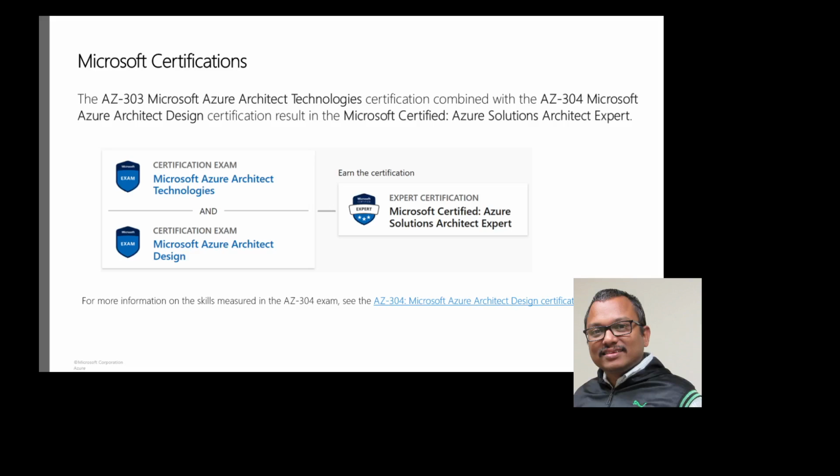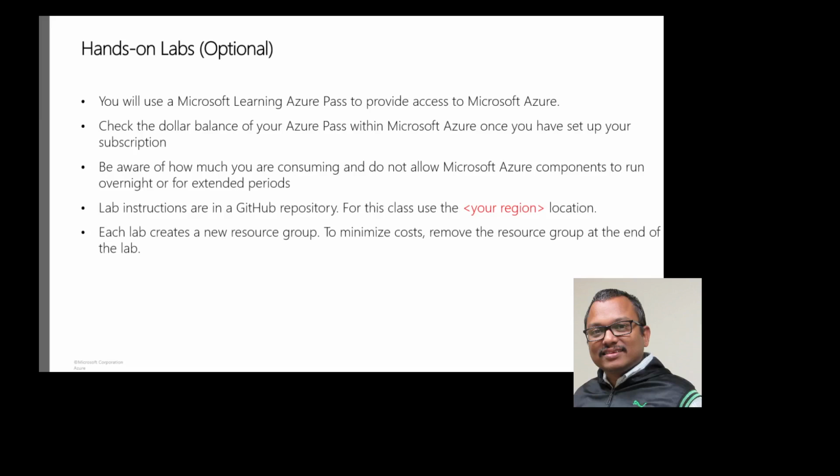The number is next to each other, so that covers the design aspect of it. So how do you, when you design a solution, how do you choose one component versus other component, right? By clearing both the certifications, you will be able to gain this badge, that is Microsoft Certified Azure Solution Architect Expert, right? So that is one thing I wanted to talk about.